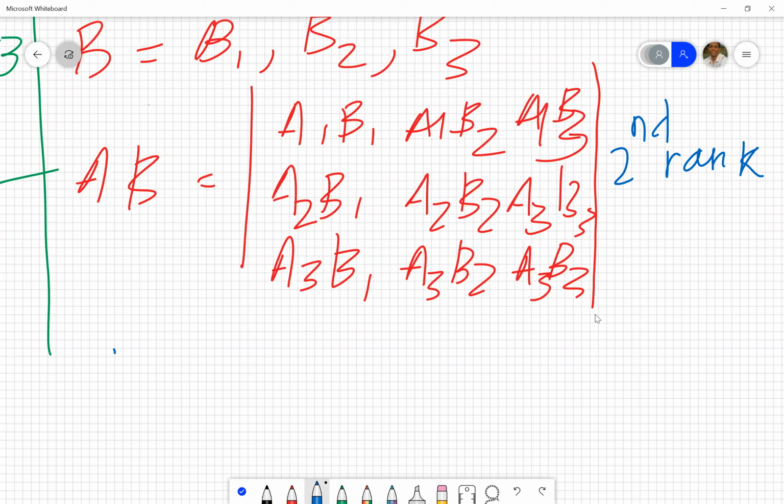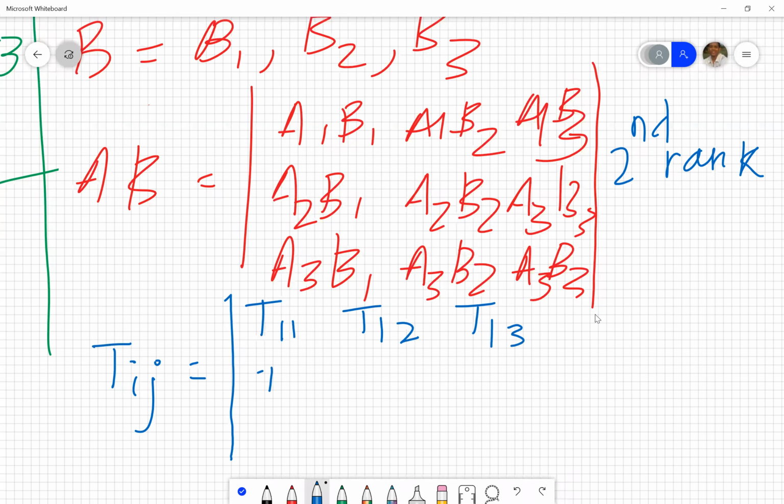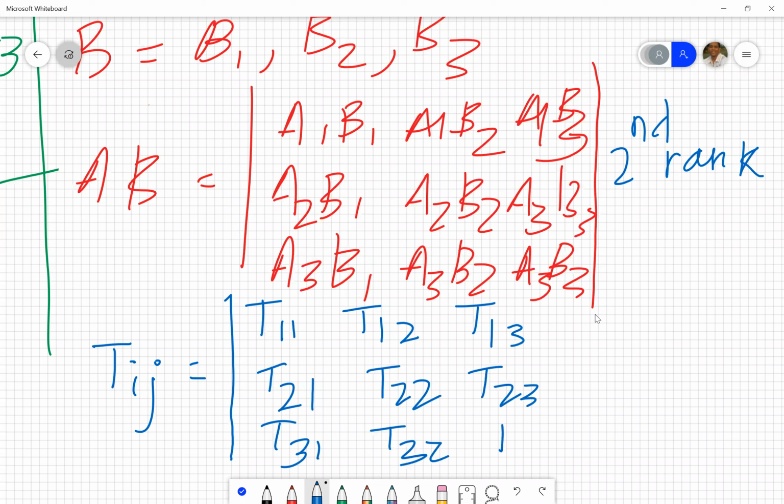I am writing Tij in place of AB, and in place of A1 B1, T11, T12, T13. Similarly T21, T22, T23, T31, T32, T33. We can represent this in that format.